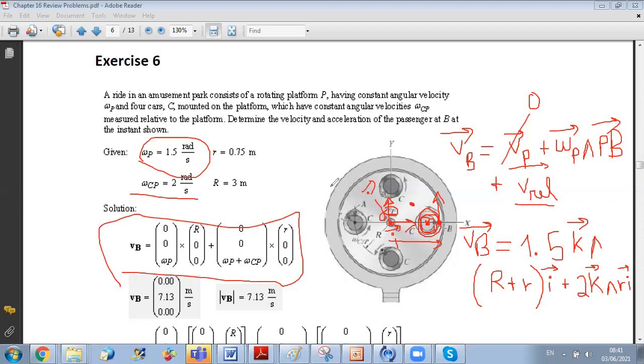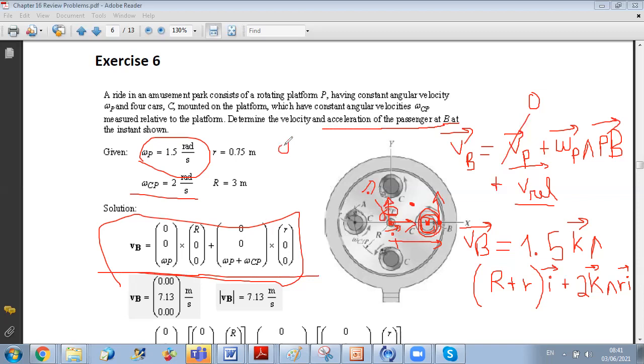Okay. So now, the next step is to calculate the acceleration of the passenger at B. To find the acceleration, we use the same method. You have two possibilities here also. We go to the first approach: we find alpha total.